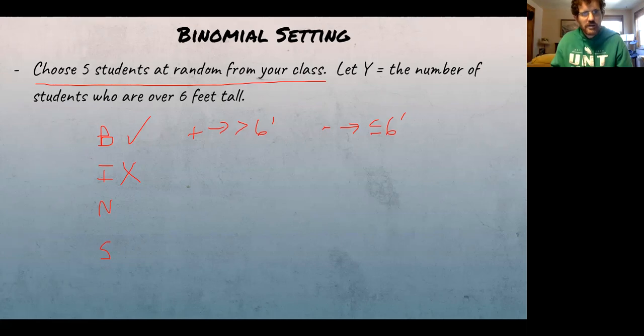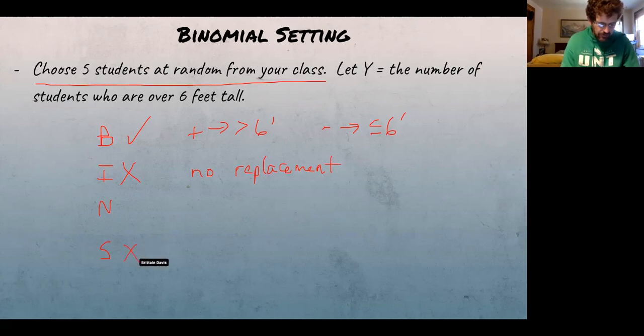Assuming there's no replacement, then yeah, the probability is changing. Just like you were saying, if we pick a few people over 6 feet tall, then the probability is going to change for that being selected. And in fact, I'll just jump down to the last one here. That means it's not the same probability. So probability changes.